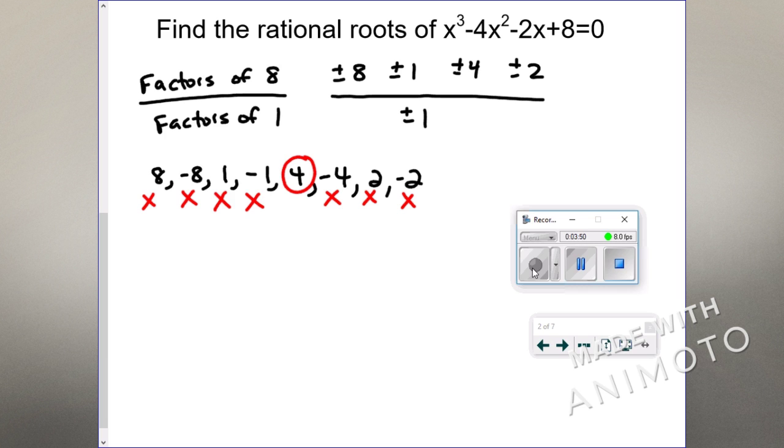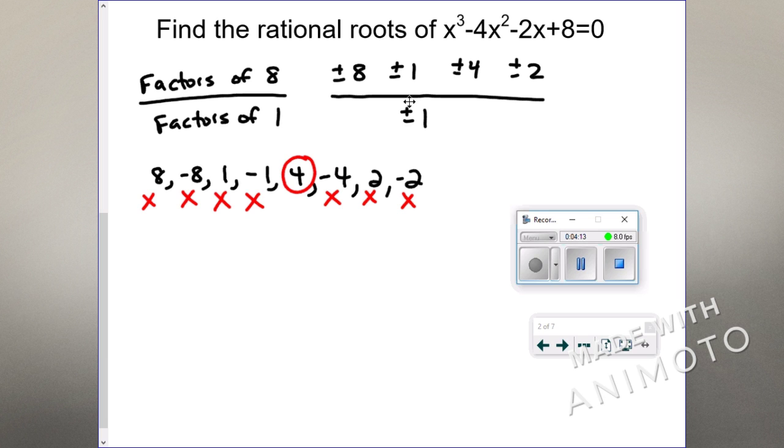If you look, our constant is 8, so we have to do factors of 8 divided by the factors of our leading coefficient, which is 1. So it'd be positive and -8 times positive or -1, and then we also have positive and -4 times positive and -2. All of that would be divided by factors of 1, which is just positive or -1.